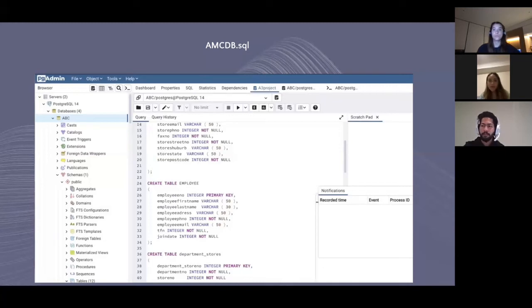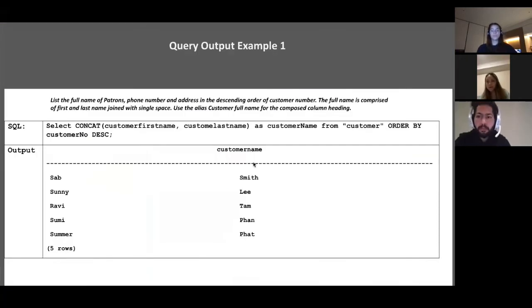After creating the tables, we also inserted values in each table, as well as its attributes. In order to check if our SQL was running, and to proceed with our task, we ran our program through the psql tool, and everything was running fine. So we move on to our next part, which will be explained by my friend Nigam.